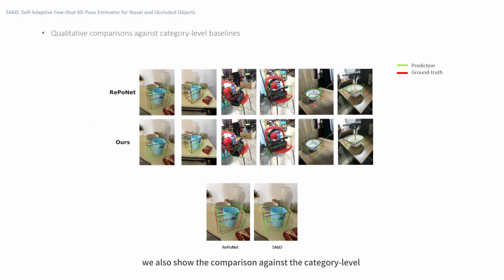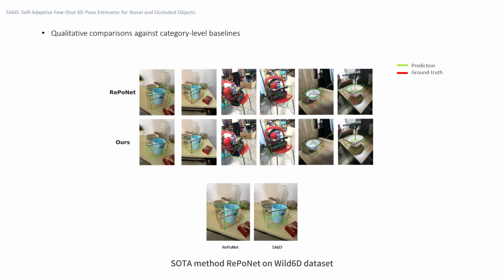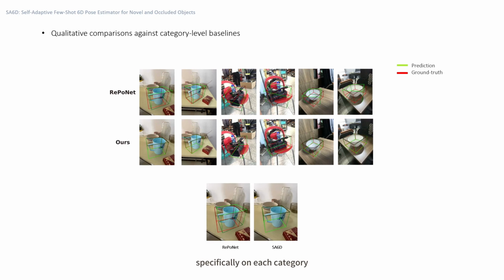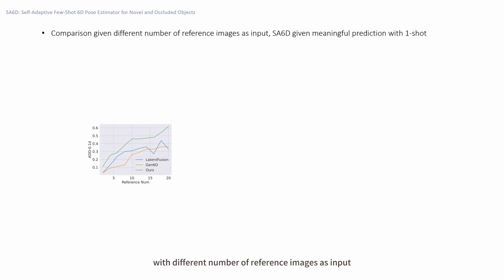We also show the comparison against the category-level SOTA method, RePoNet, on the Wild6D dataset. Note that RePoNet is trained and tested specifically on each category. We show the accuracy with different numbers of reference images as input. Notably, SA6D gives meaningful predictions with one shot, while baselines cannot.